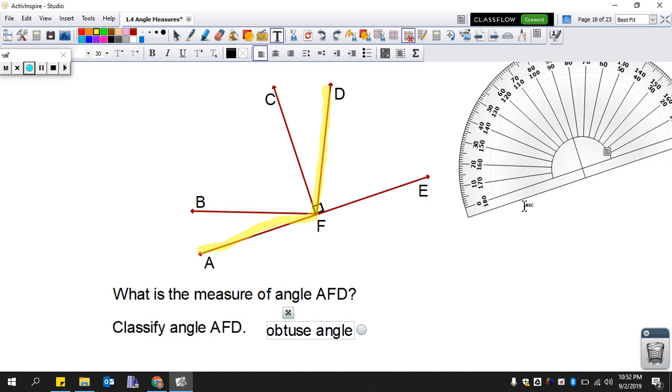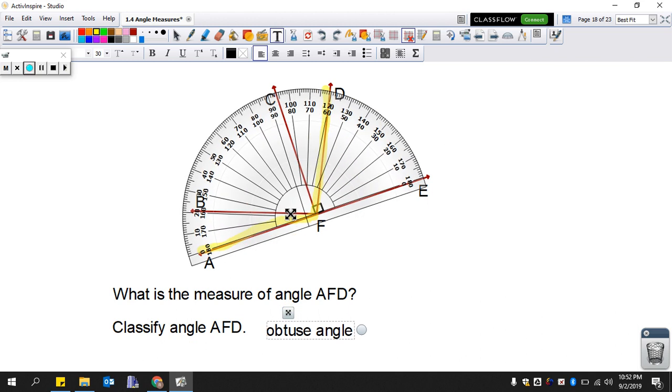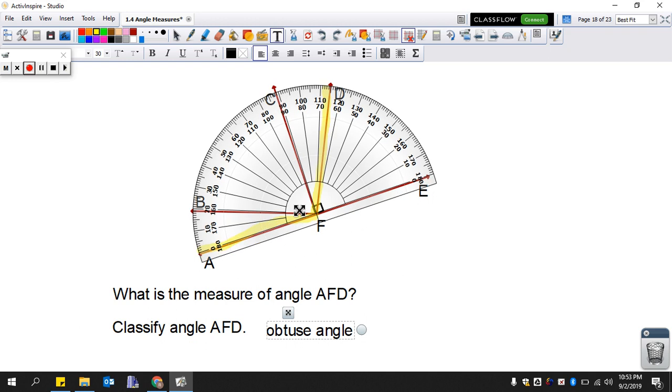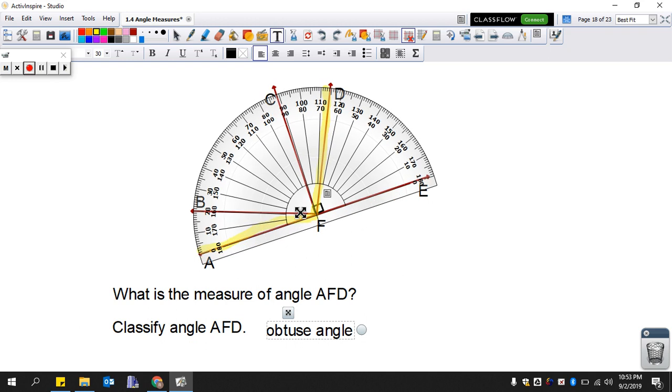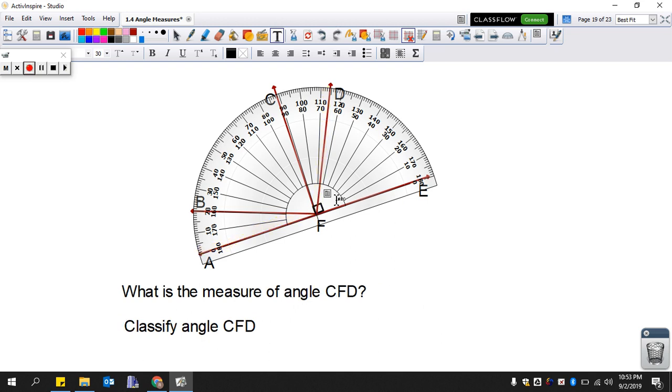And the measure of AFD, if I bring this protractor over, AFD starting on the outside, because the zero is on the outside, follow it all the way around, and it looks like 115 degrees. And the last one that we're talking about is CFD.